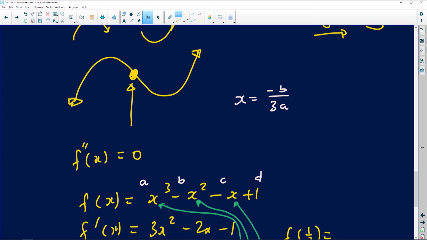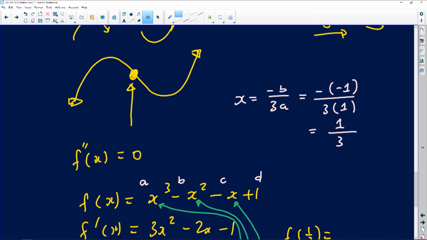So when I sub the b value and 3 times the a value, it is supposed to give me the x-coordinate of the point of inflection. Just to confirm that it does indeed, my b is negative 1, so I'm going to have negative 1 divided by 3 times my a value, which is again a 1. Negative times negative gives you positive.